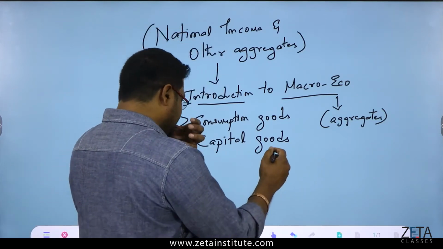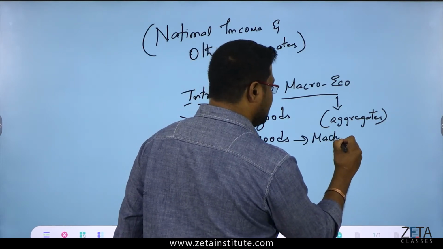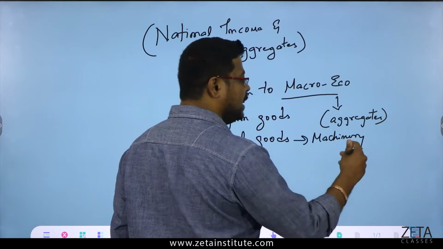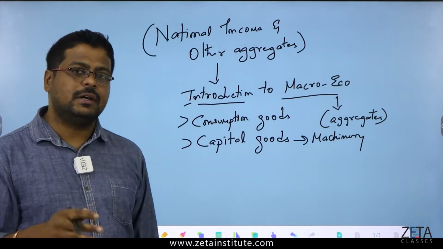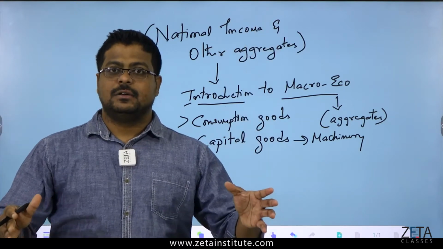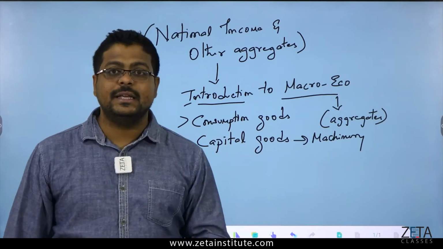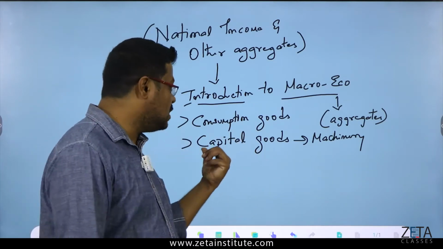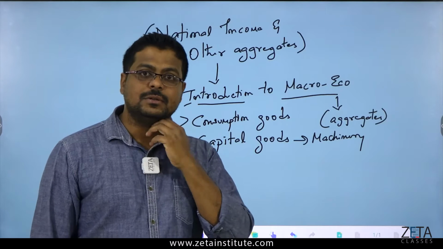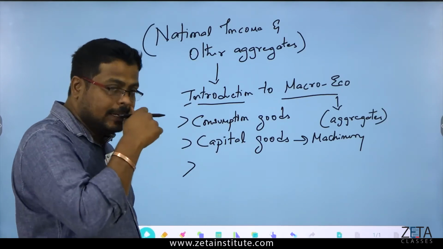For example, plant and machinery, equipment, tools, whatever you want to call them. A capital good is a machine you bring in to do production. Those involved in production are called capital goods.